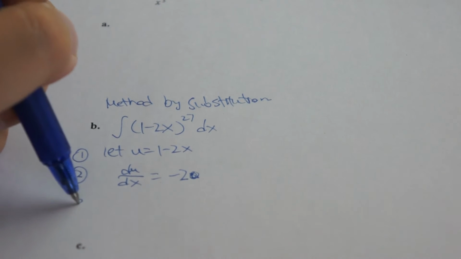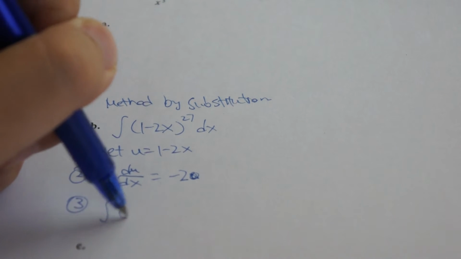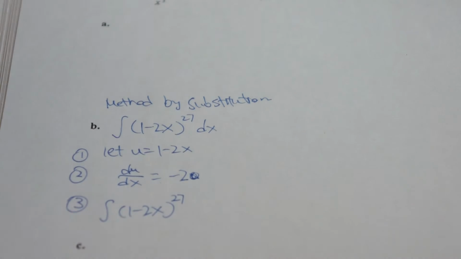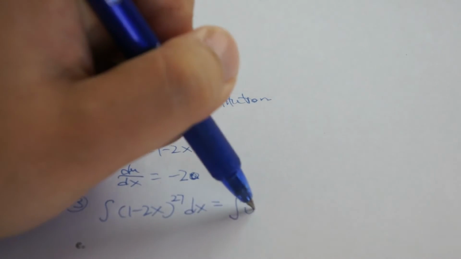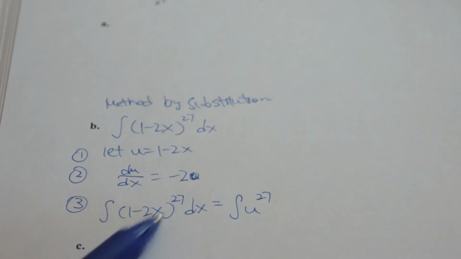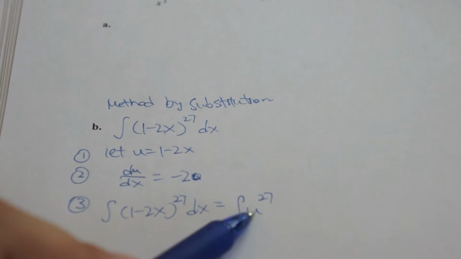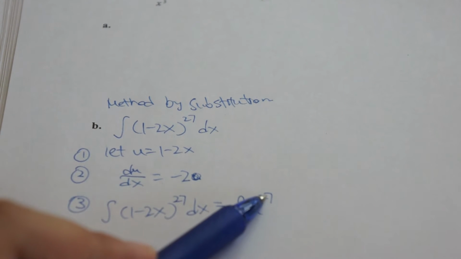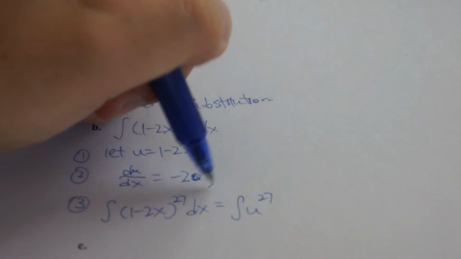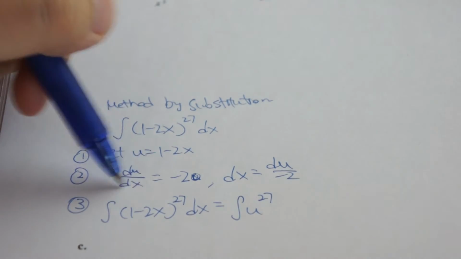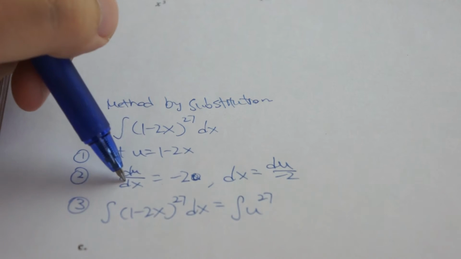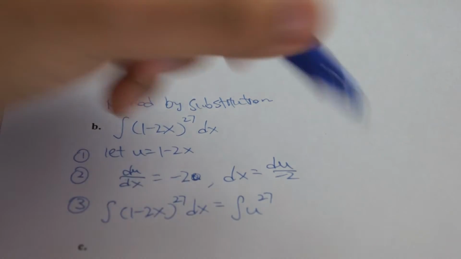For step 3, the integral of (1 minus 2x) to the power of 27 becomes the integral of u to the power of 27, because the complete part becomes u. As for dx, please refer to step number 2 and make the change of subject. So dx will be du over minus 2.